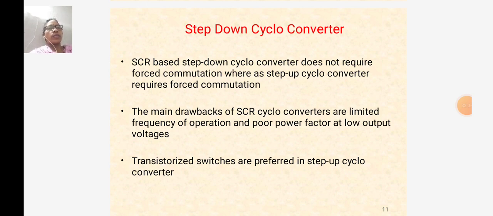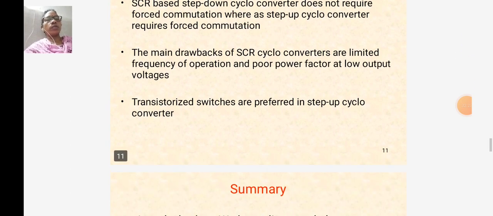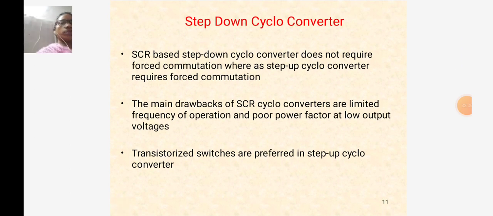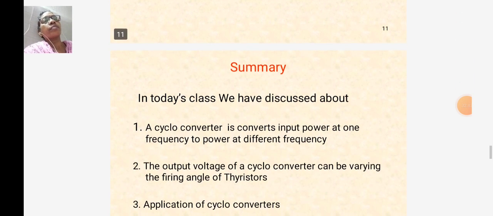The main drawbacks of SCR cycloconverters are limited frequency of operation and poor power factor at low output voltages. The transistorized switches are used in step-up cycloconverters. So this is about the basics, simple operation and classifications of cycloconverters.